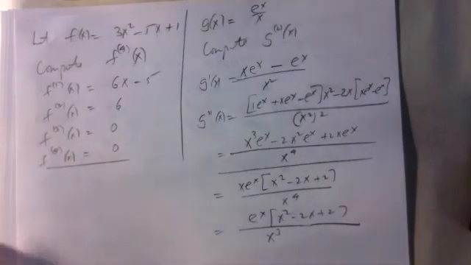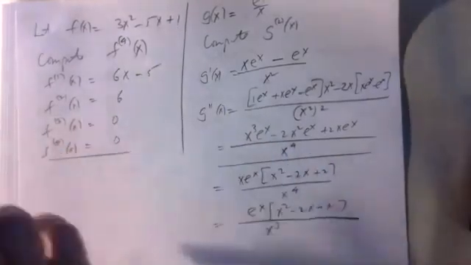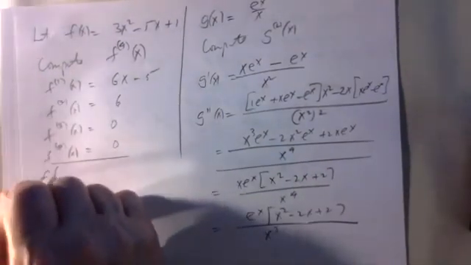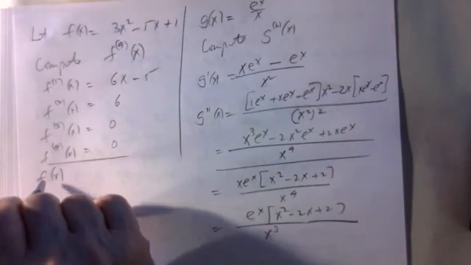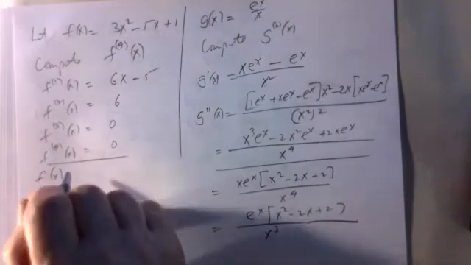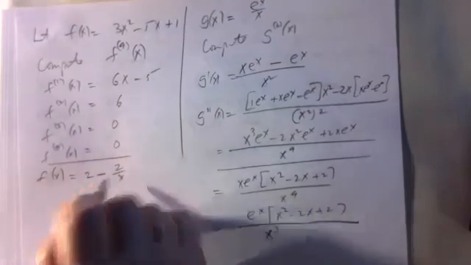Let's do one more, and then we'll stop for the day. Suppose we have f of x equals 2 minus 2 over x.